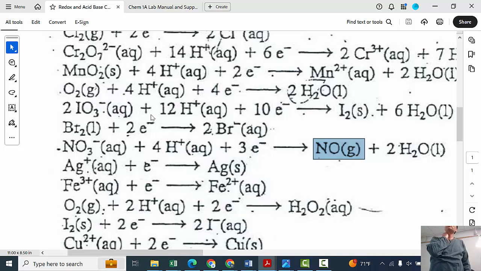And what do reducers do? The rig. Or is it the rig? Or is it the oil? Reducers do what? So if I have a reducer over here on the right side, what do I do going right to left here? Do I lose electrons or do I gain electrons?